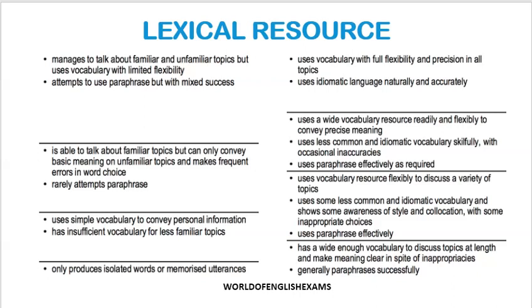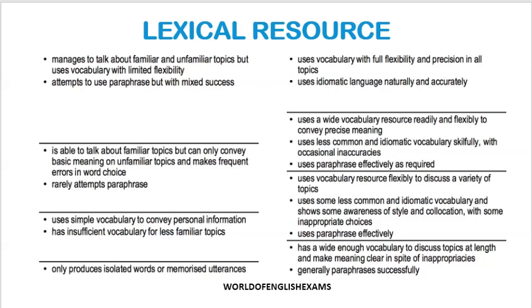If you are speaking these memorized utterances, definitely the trainers, the person who is evaluating your test, is trained to spot such memorized utterances, and the score is going to be 2. So never do this. A person with band 3 uses simple vocabulary, so has insufficient vocabulary for less familiar topics.